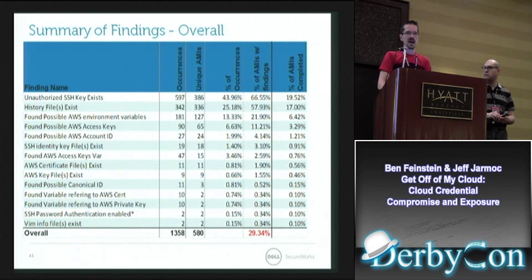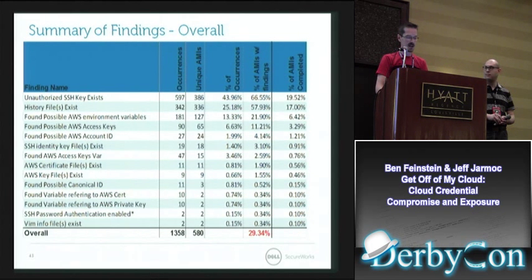I mentioned earlier, if you have the identity key, you have the history file. A lot of times the history file will have previous connections that used that private key. And I found that in a couple of cases. So presumably, unless that key's been revoked or something, I now have the SSH private key and I know what host it belongs to. So it'd be pretty easy to get on that host.